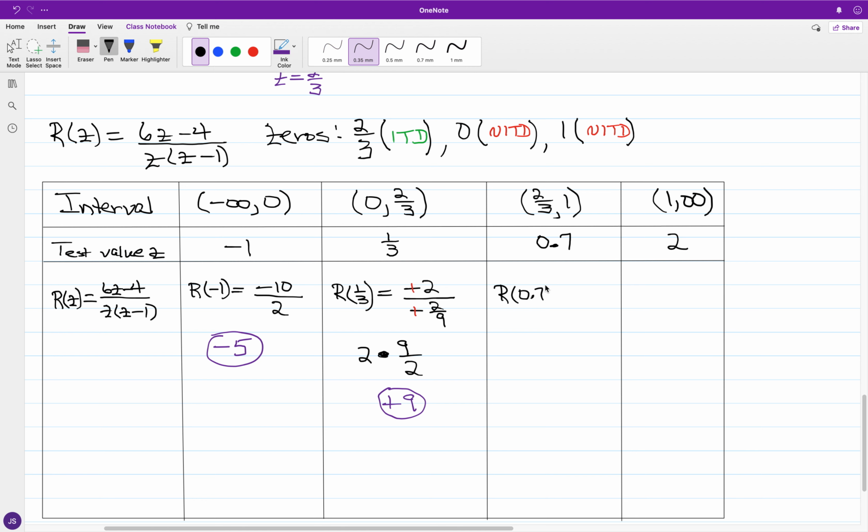Now for r of 0.7: 6 times 0.7 would be 4.2. Take away 4, and right now we have 0.2. And 0.7 minus 1 is going to be -0.3. The product of 0.7 and -0.3 is going to be -0.21.